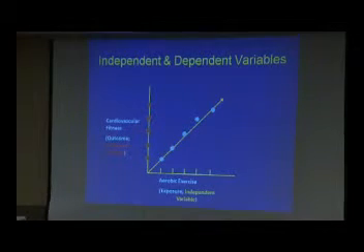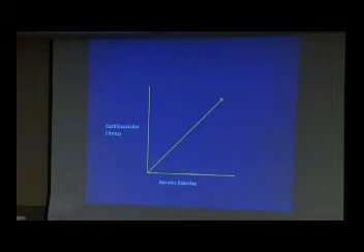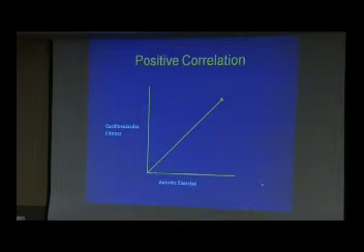So when we see a pattern like this, where one variable increases and the associated variable also increases, we call it a positive correlation. This may be on your quiz, Coombs survey. So a positive correlation is one in which an increase in one of the variables, the exposure or the independent variable, results in an increase in the other variable, or the outcome variable.